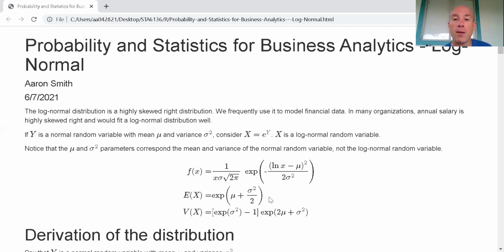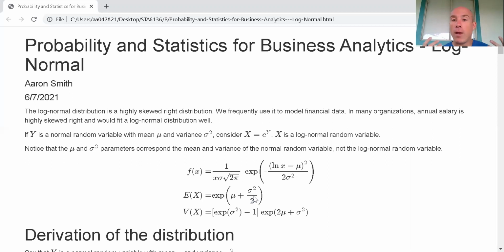Now, what's the expected value? The expected value is the exponential of mu plus sigma squared over 2. One thing to pay attention to is that mu is the expected value of the normal, not the log normal. The sigma squared is the variance of the normal, not the log normal. We have to keep that in our minds.